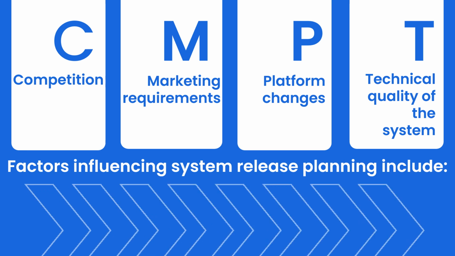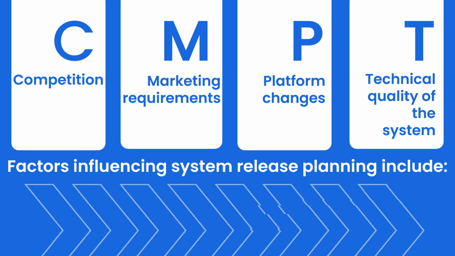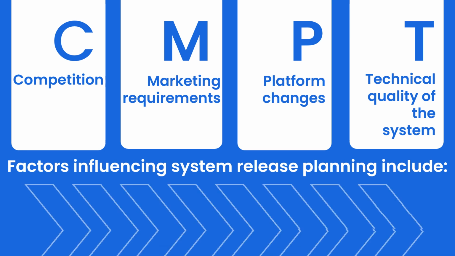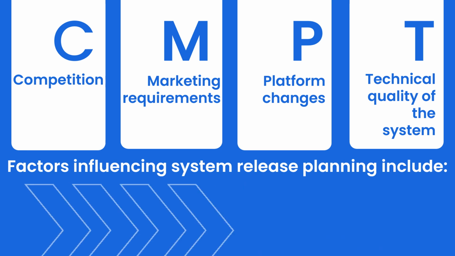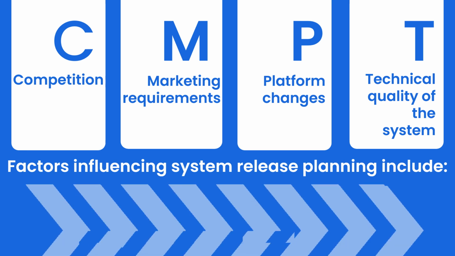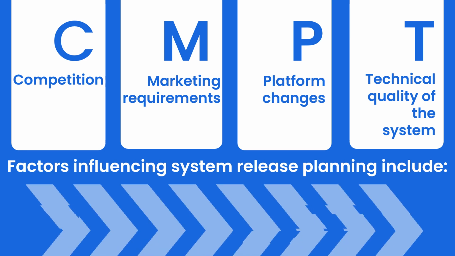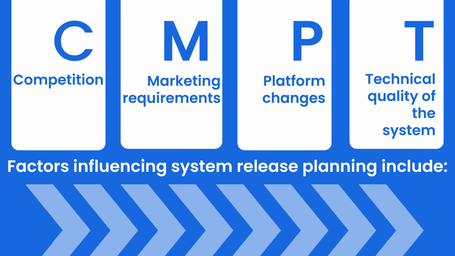Marketing requirements involves applying marketing strategies that convince the customer to buy the new release, as well as balancing release timing. Platform changes requires creating a new release of a software application when a new version of the operating system platform is released. The technical quality of the system is correcting system faults.